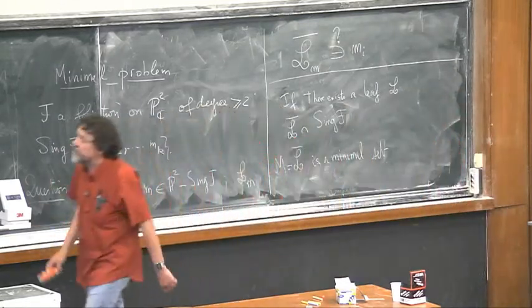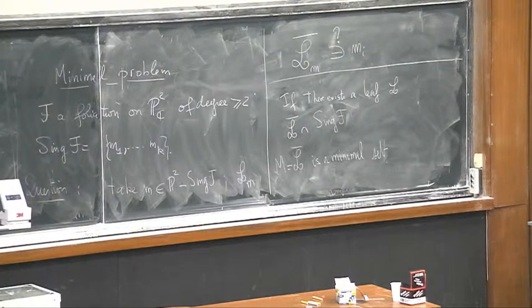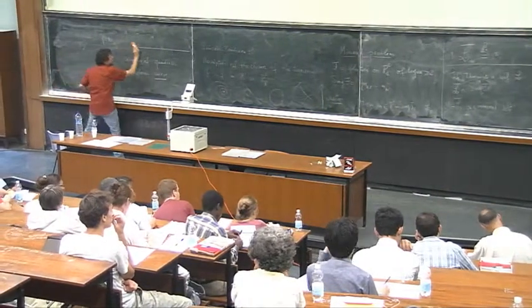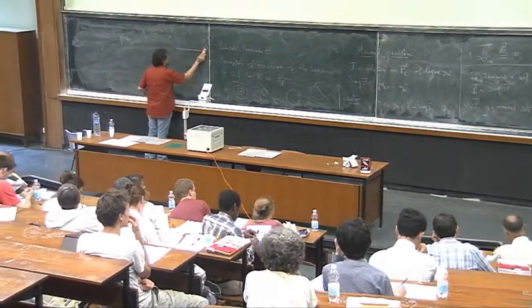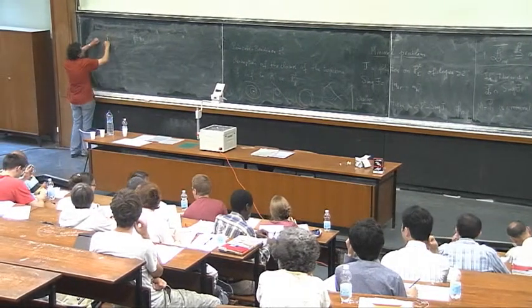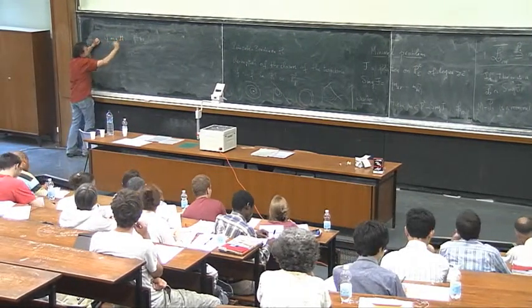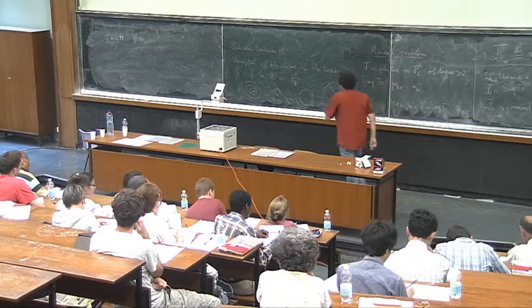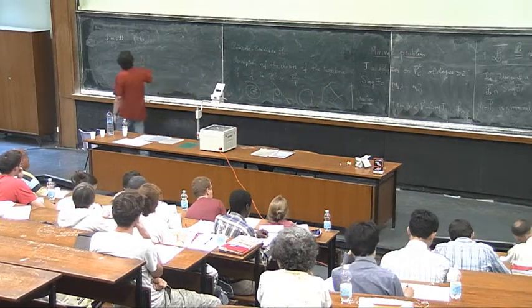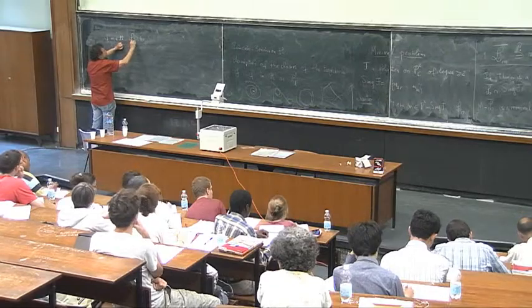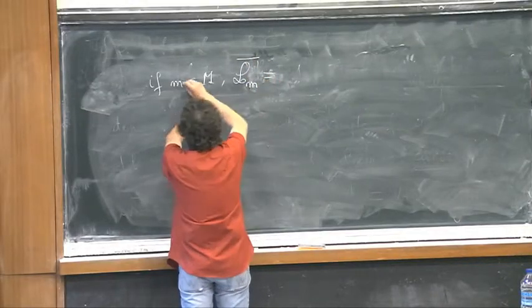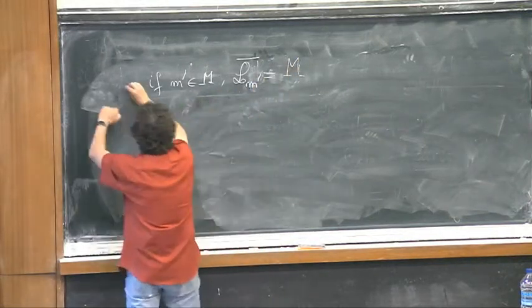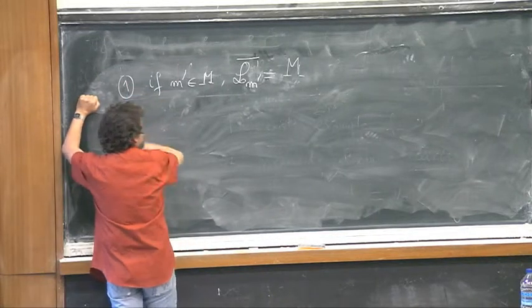If M is in this minimal set, then the leaf passing by M is dense in it. Another property: if M exists, M is unique.